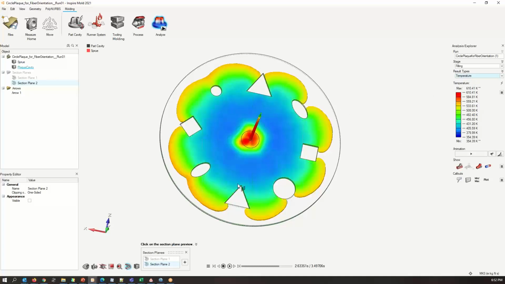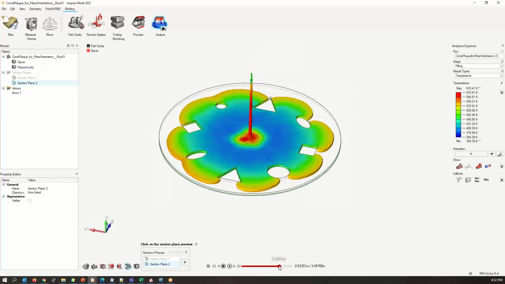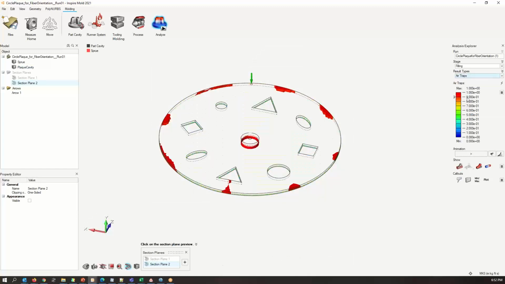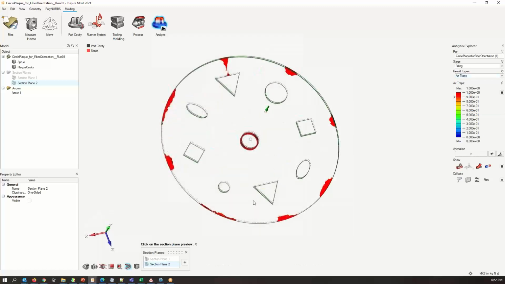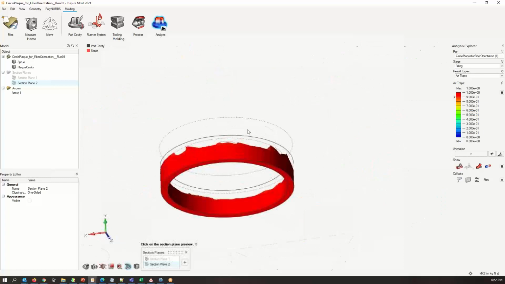Let's see, temperature, same idea. We get our shear heating as we come through and so on. And then we can watch how that goes. Now here, this is a good place to look at air traps, because, hey, look, I'm going to trap some air. So if I want to put vents in this thing, I had this rib on the underside.